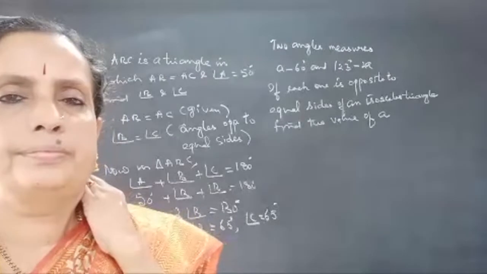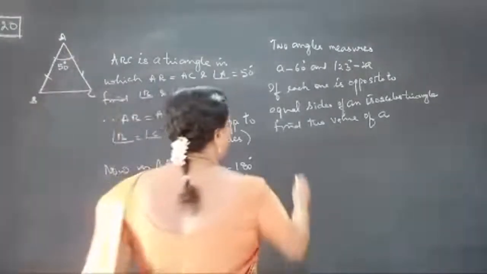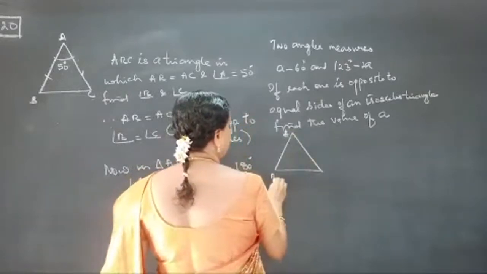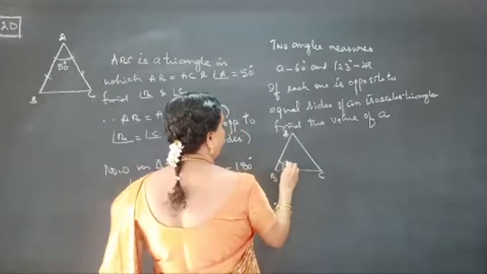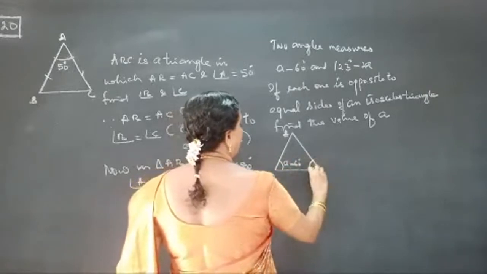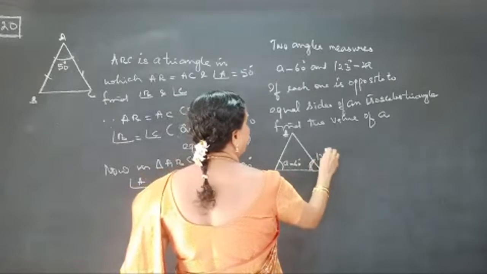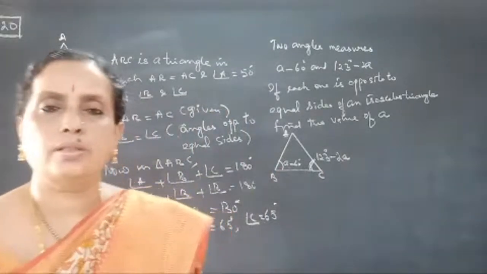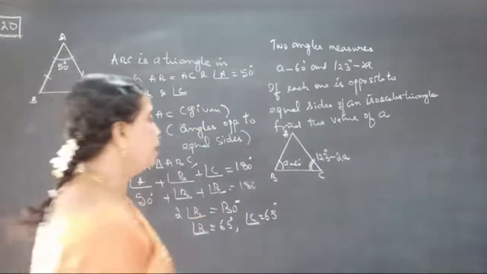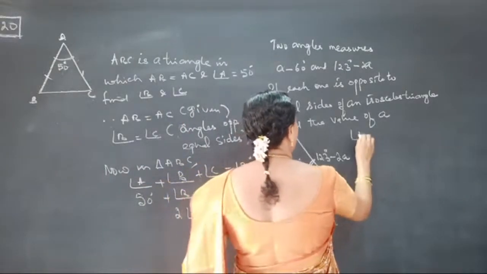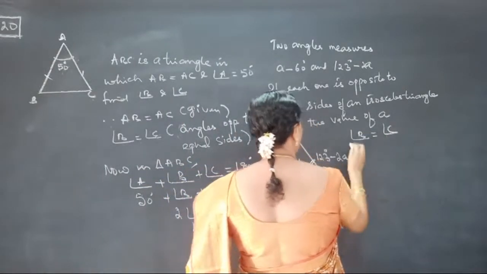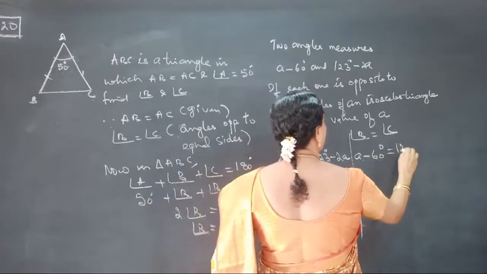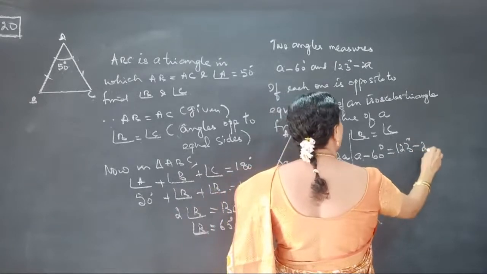Okay, get the figure. Consider one angle as A minus 60 degrees, the other angle as 123 degrees minus 2A. Since they are the opposite angles of an isosceles triangle, equate them, that is angle B equals angle C. So A minus 60 degrees equals 123 degrees minus 2A.